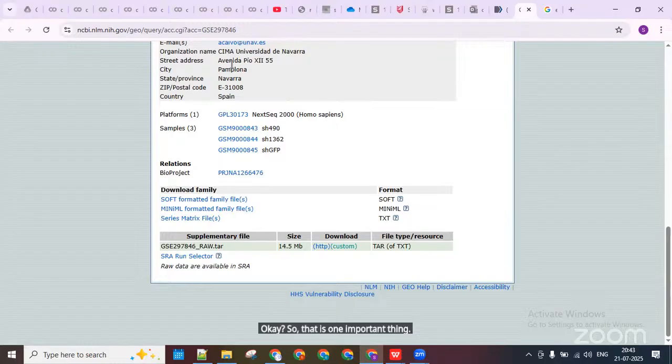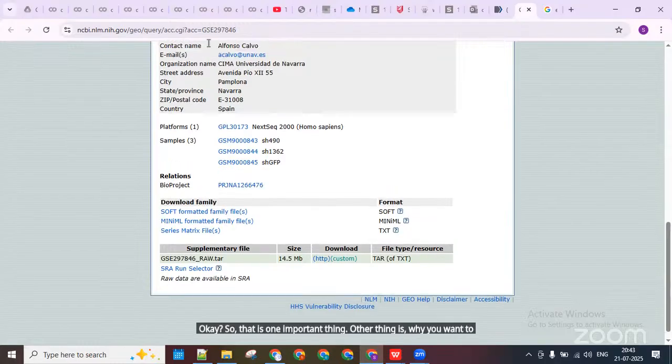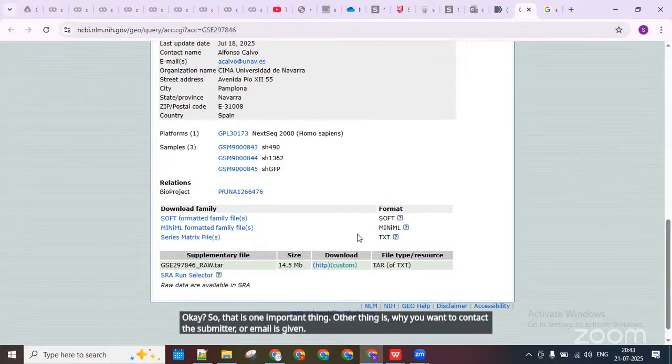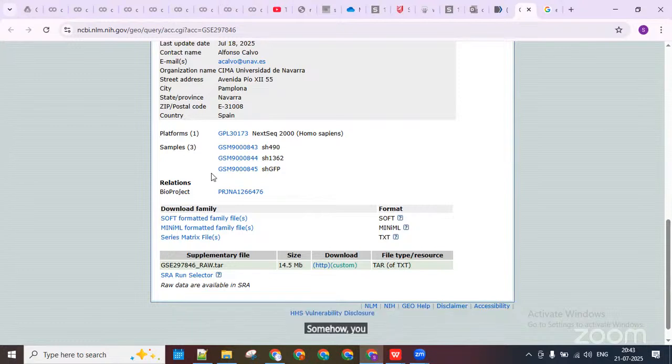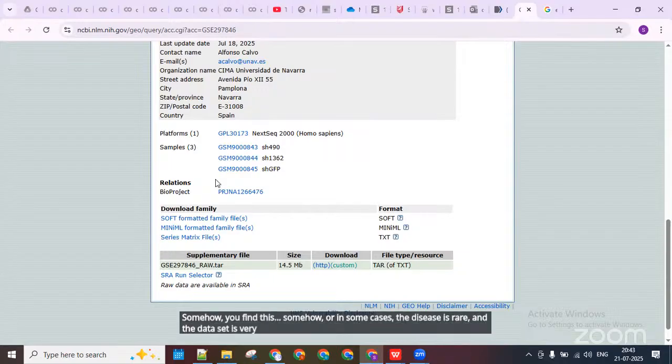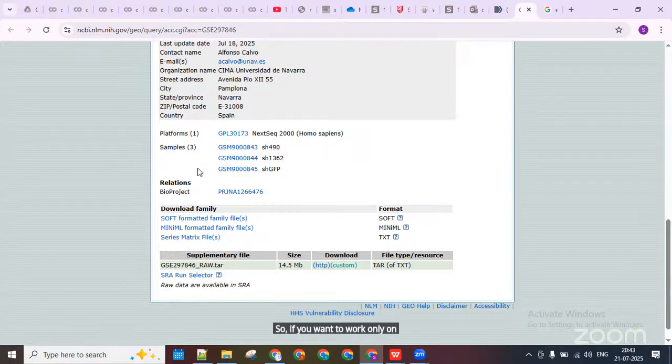The other thing is why you want to contact the submitter, or why the email is given. In some cases the disease is rare and the data set is very rare in different databases. So if you want to work only on this data, you want the raw data, right?